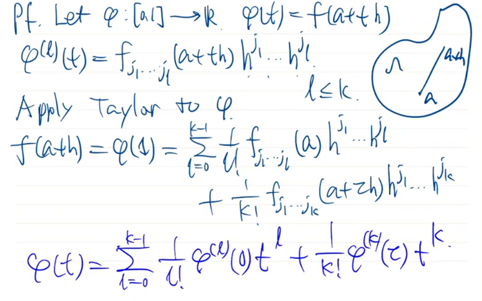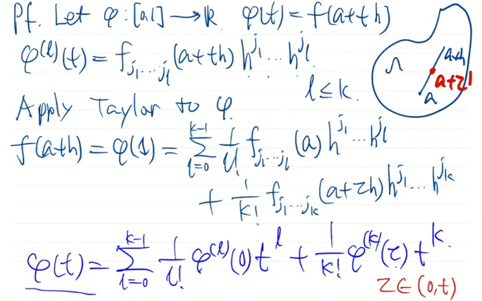So this a plus tau h, because tau here is between 0 and t in the single variable Taylor. But now our t is 1, so our tau is between 0 and 1. So a plus tau h is a point that lies here.